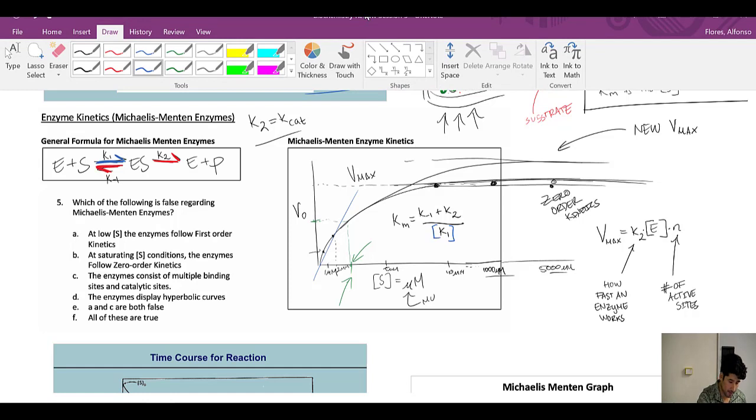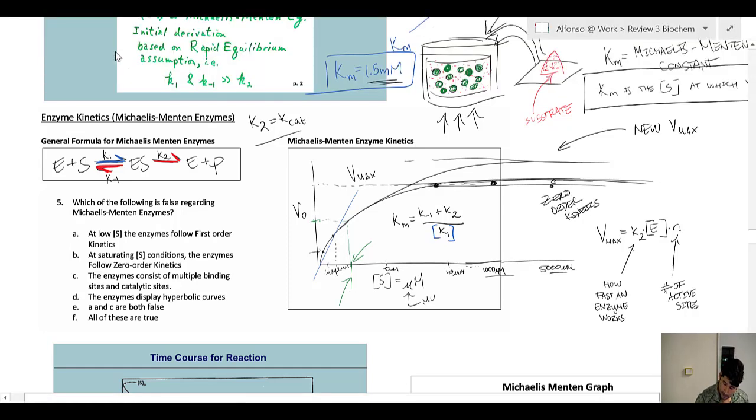So the bottom part is the formation of the enzyme substrate complex, whereas the top part is the dissociation of the enzyme substrate complex. That's very important for you to know. So that is Km right there.